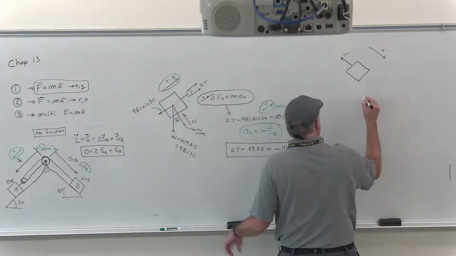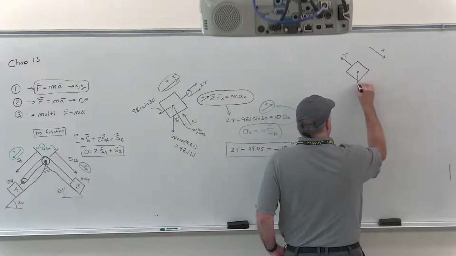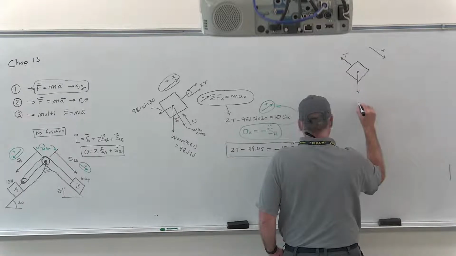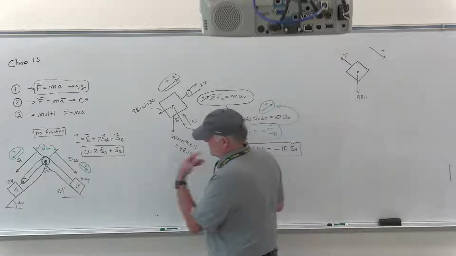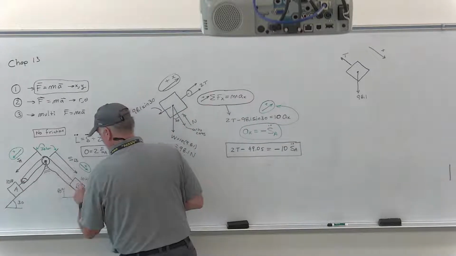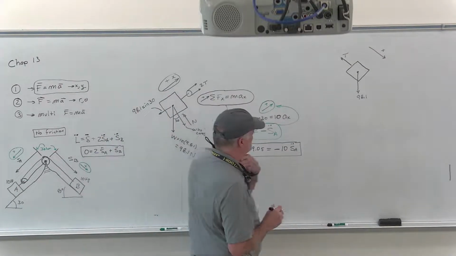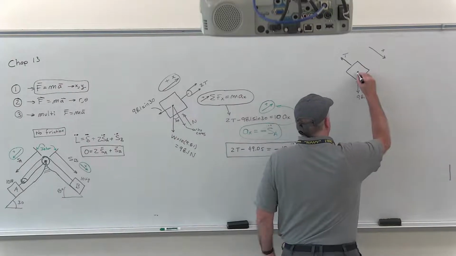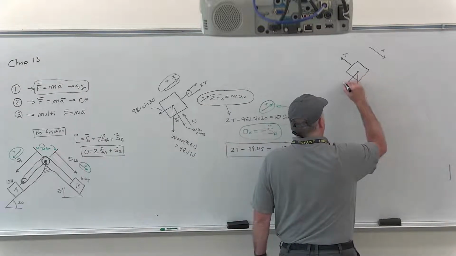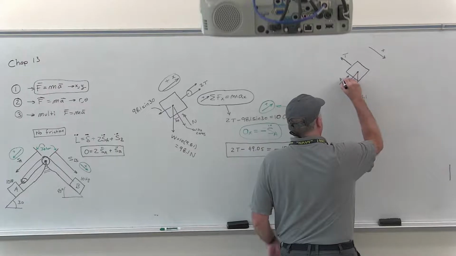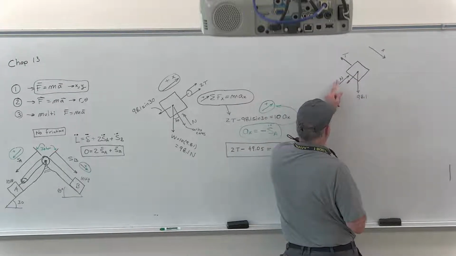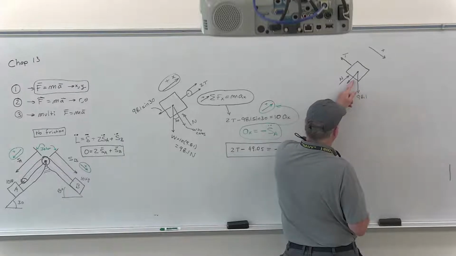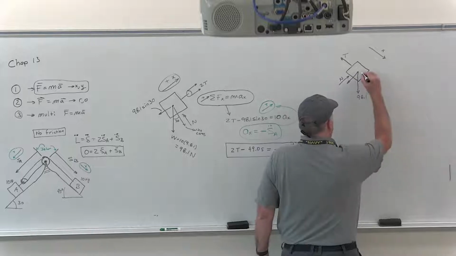And then I got a weight, and that weight is 98.1 because it's 10 kilograms, like that one was 10 kilograms, they're both 10 kilograms. There's a portion that comes this way, which I could care less about because there's no friction. So yes, this will offset that. It'll tell me what normal is. If I had friction, I'd put the friction portion there. I don't have friction right now.